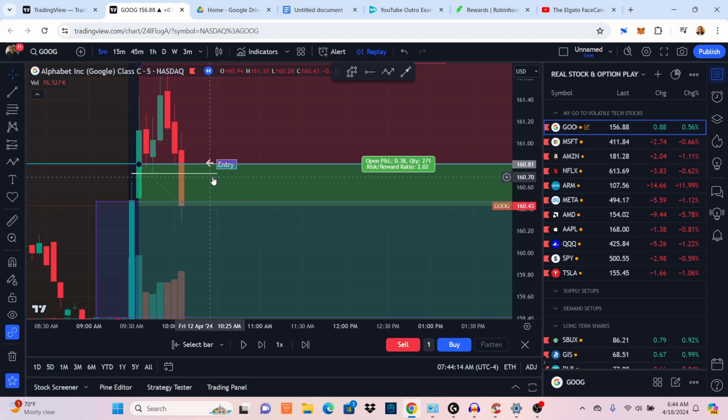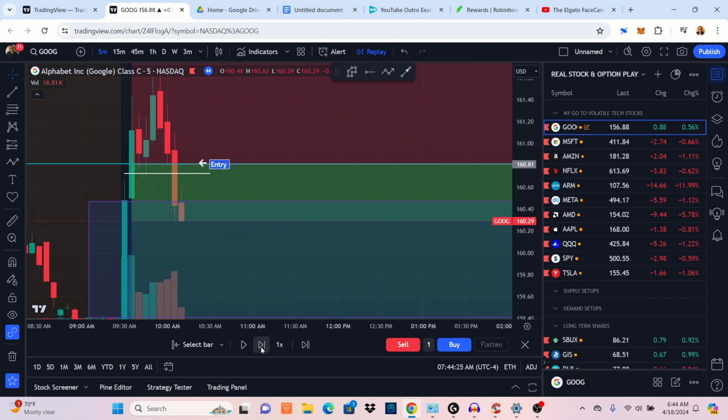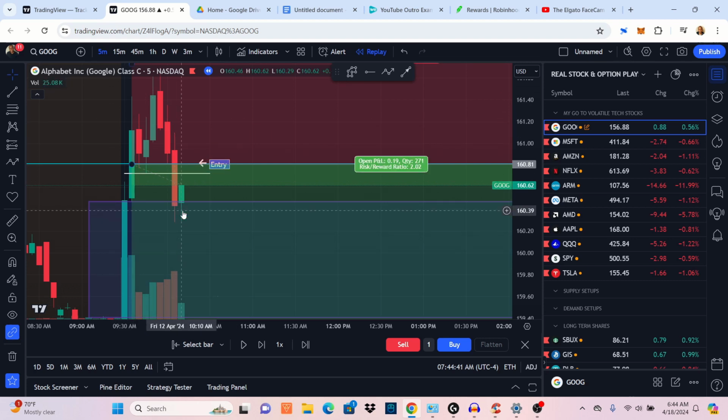And the key thing is it formed a big red candle that has a lot of space. So for example, if I go to the next one right here, you will see that there's a fair value gap. So if you've never heard of the concept of a fair value gap, the theory is simply this. The market is so efficient that whenever there's a gap in price between 3 candles, the market finds a way to fill that gap before continuing in its intended direction.